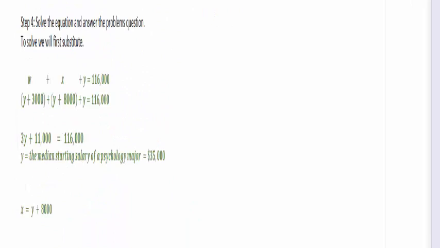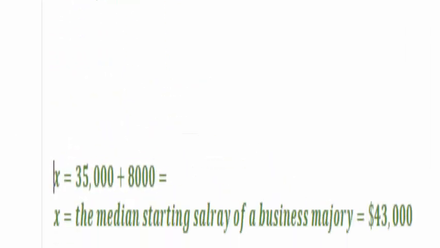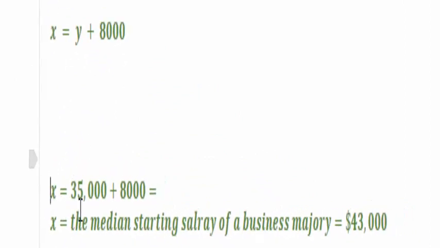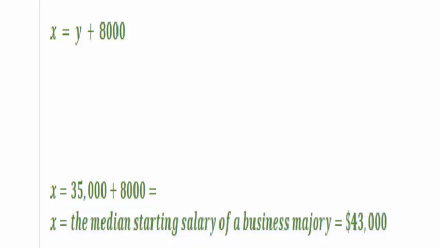I substitute 35,000 in for my Y, and then I solve that, which we know how to solve just by adding those two together, and I get 43,000, which is the median starting salary for a business major.